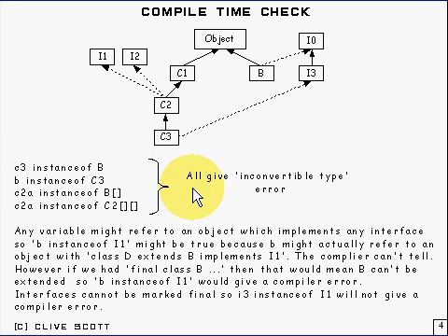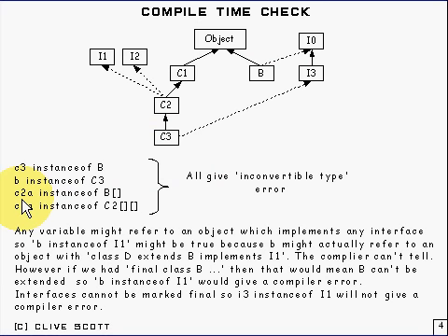And if you look here, we've got C3 instanceof B. Now it's pretty clear from here that C3 can never be an instance of B, because any variable C3, for instance, would refer to anything down in the tree lower down here, and that can't possibly be of type B. So that's why that gives an error. Similarly, the other way around, B can't be an instance of C3.